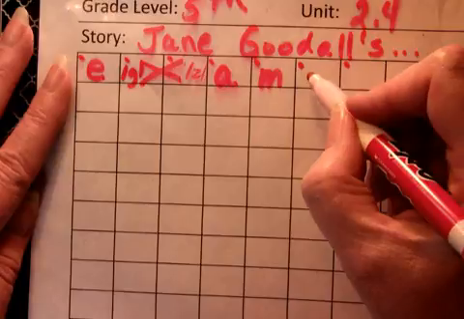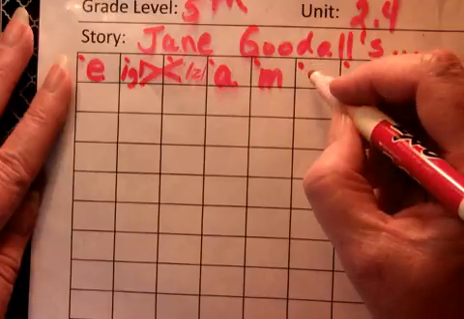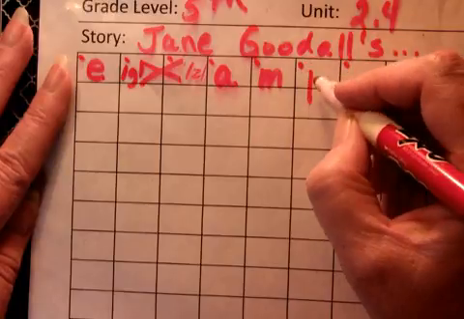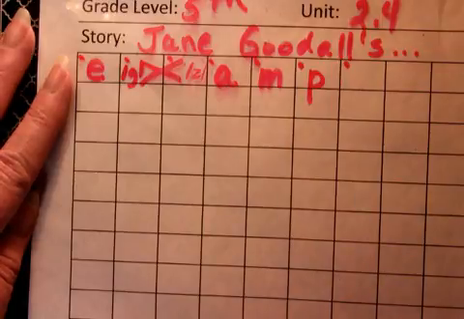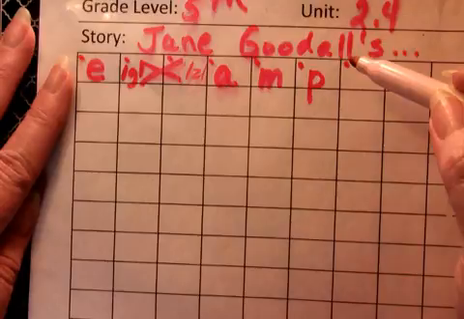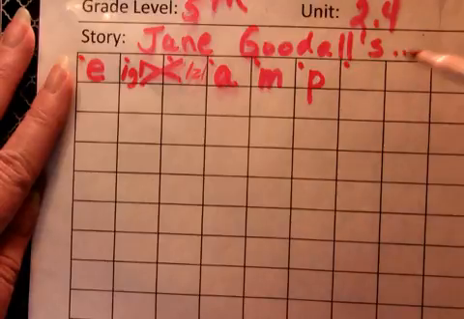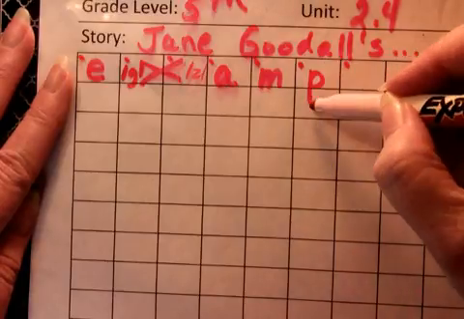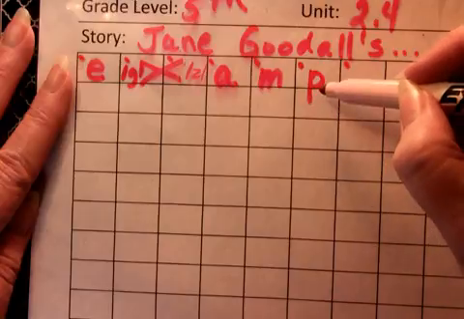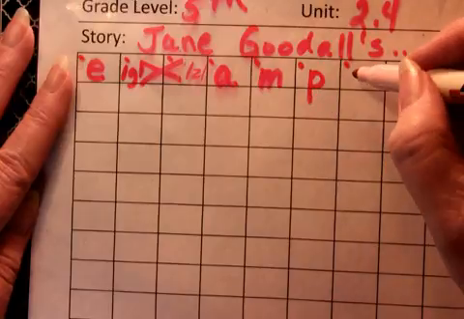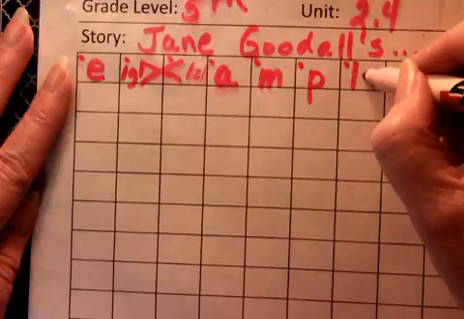P. My lips are closed. The line comes first. The bubble sits on the writing line. Now we have O. Remember, the descending letters are going to be the consonant LE. So it's the LE.